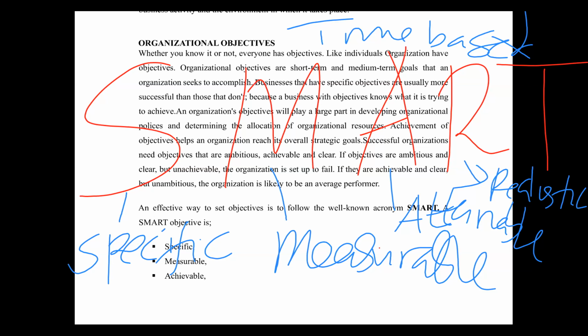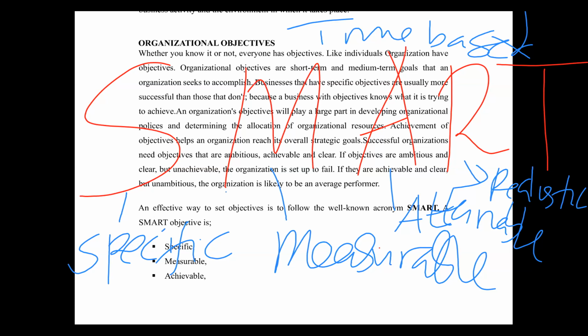Now, the organizational objectives are supposed to be measurable. We don't want you to be a manager who sets an objective that cannot be measured. We are not sure how far we are from achieving it, whether we are progressing towards it, or the direction we are heading. No, no, no. You will not be such a manager. The goals you set need to be measurable.